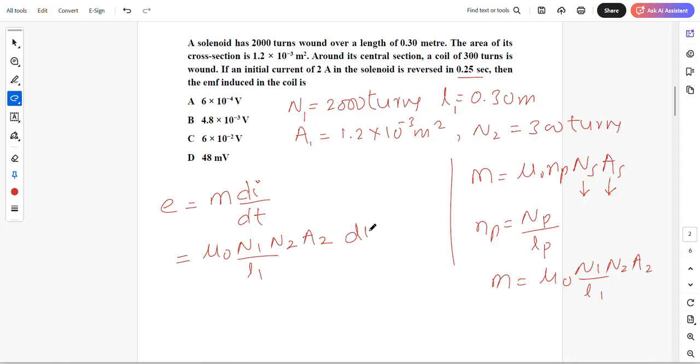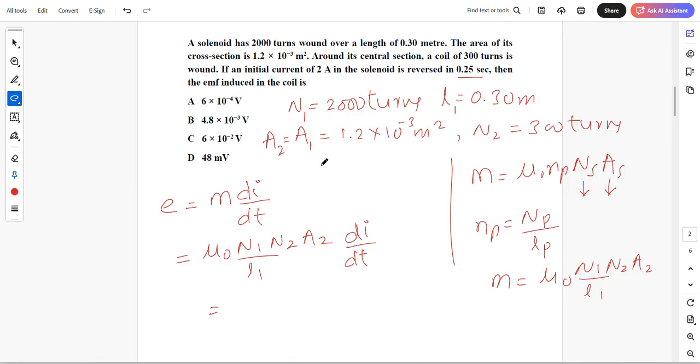And then this dI by dt will be there. Now let us substitute the values. What is A2? If they are not given anything about A2, we should assume that A2 is same as A1 only.